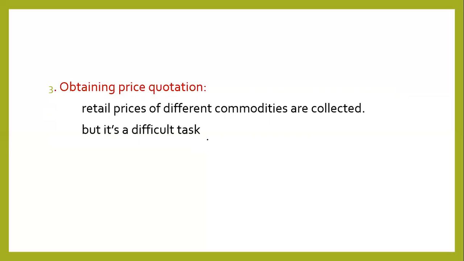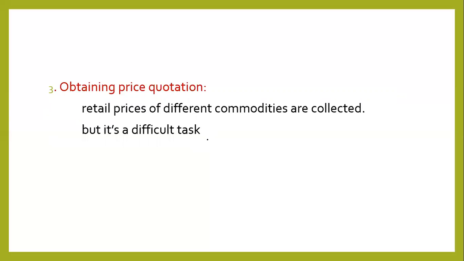For example, when we say wholesale price, the particular commodity price is the same in all shops. But when we say retail price, you call it the MRP price. For a pen, one shop may charge 5 rupees, whereas another shop may charge 6 rupees for the same pen.